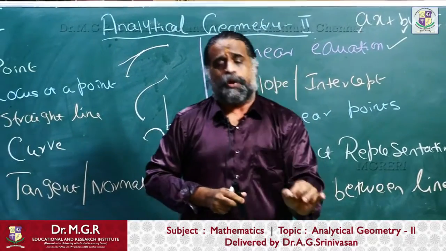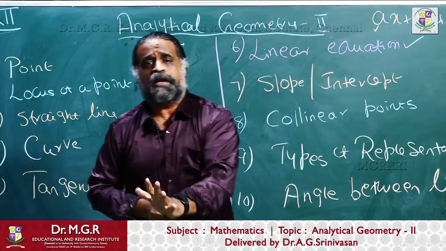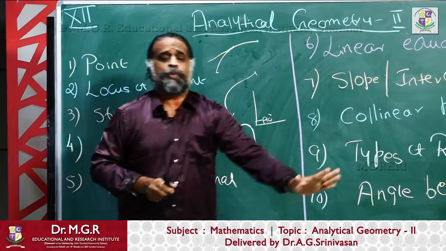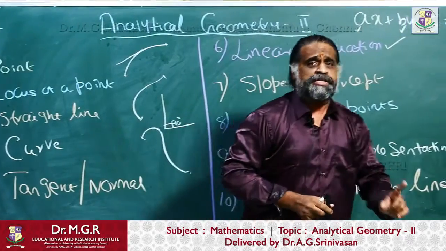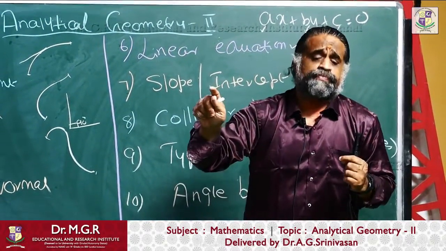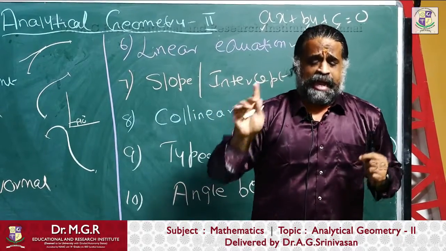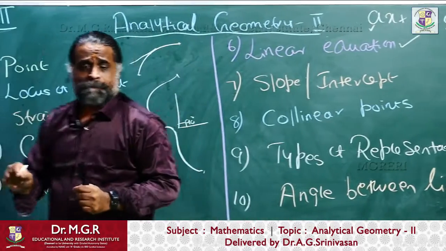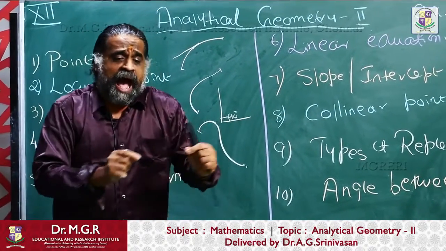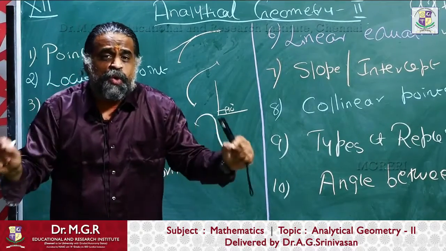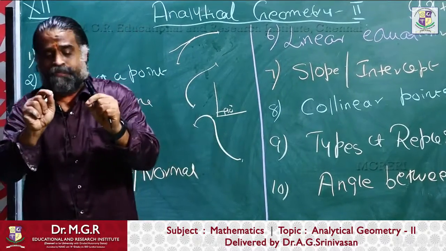Every linear equation represents a straight line. Every straight line represents a linear equation. An equation is linear if and only if it is a straight line. So straight line and linear equations cannot be viewed differently because they represent the same thing.